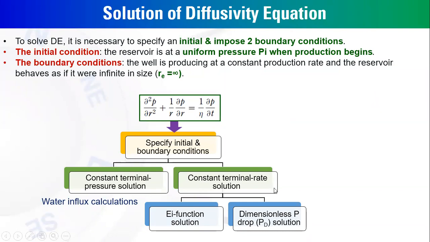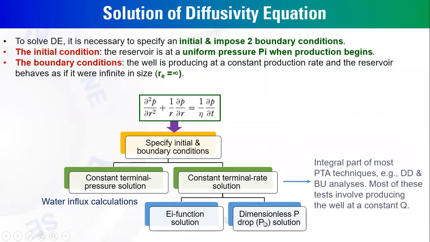But the major approach applied in PTA or RTA is the constant terminal rate solution. We have two main techniques: the Ei function or the dimensionless pressure drop solution. This is the principle of modern PTA and RTA techniques.